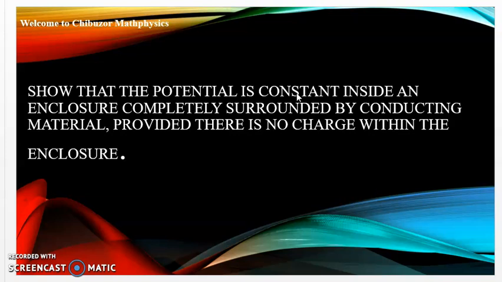This Laplace equation is more extensively discussed in real analysis and even in complex mathematics, but here in physics we investigate what happens around that surface, because V must be equal to V naught, and that is all we need in order to show that the potential is constant inside an enclosure completely surrounded by conducting material.